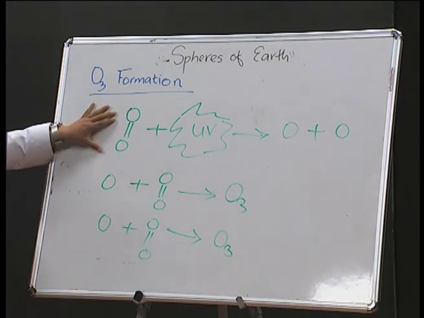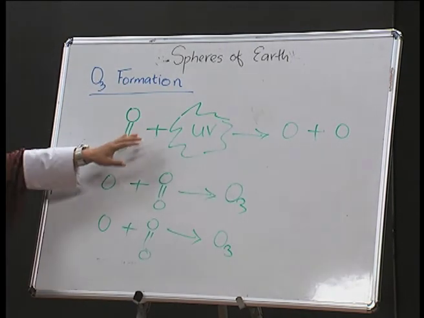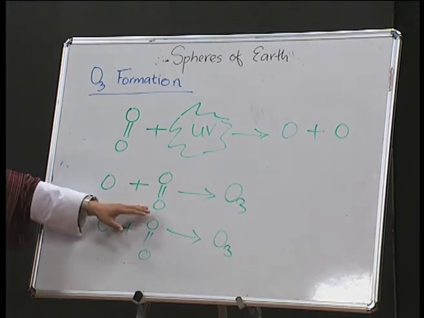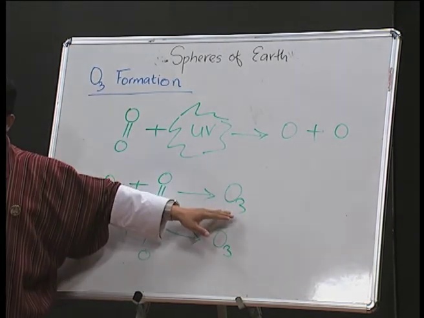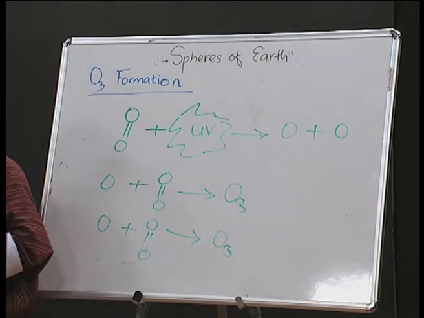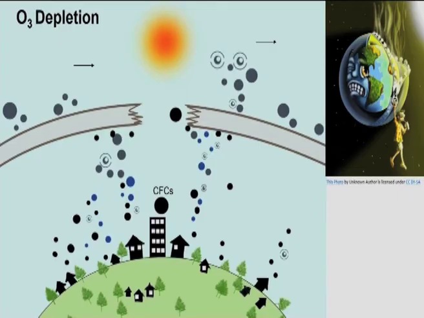First, the oxygen molecule is broken down to individual oxygen atoms in the presence of UV light, and this individual oxygen atom combines with an oxygen molecule to give rise to ozone. So, we have learned about ozone formation.